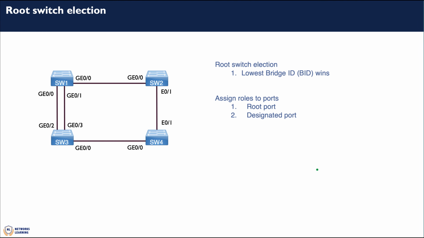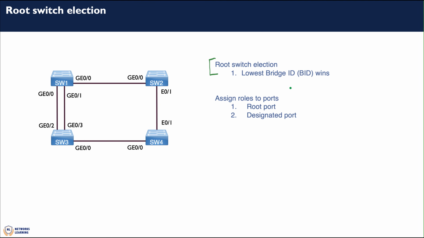Now that we have looked at the two main criteria to build a loop-free topology for spanning tree, let's start looking at this process. The first thing that needs to happen is a root switch election.